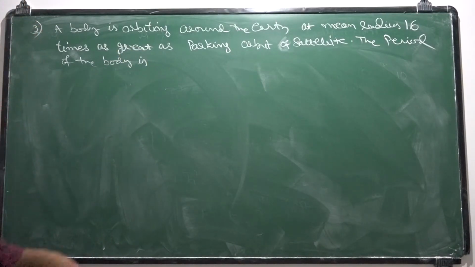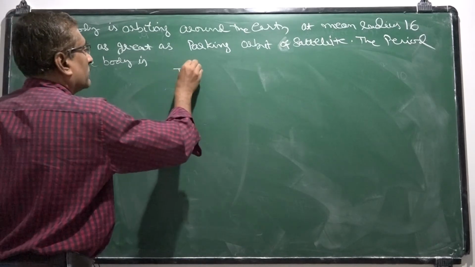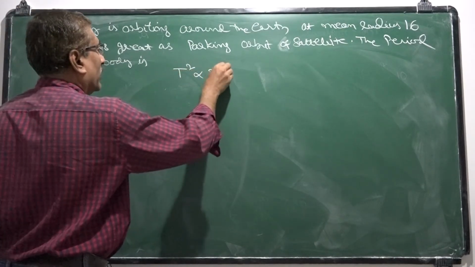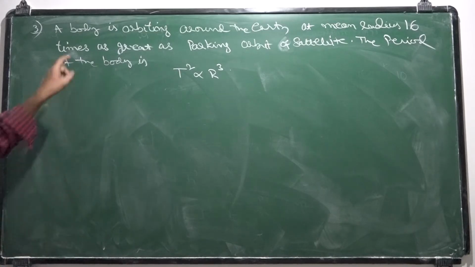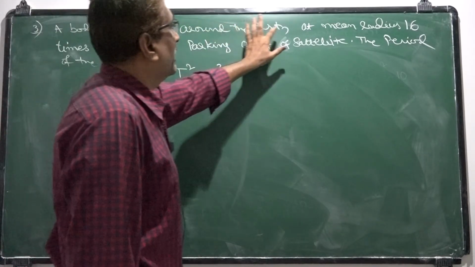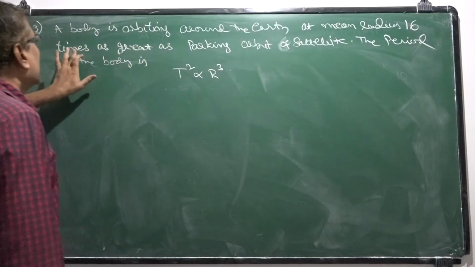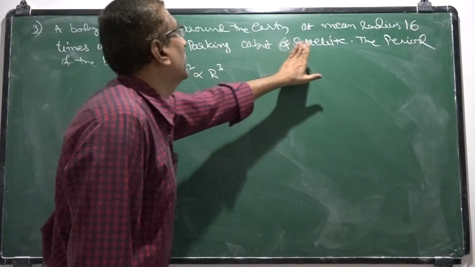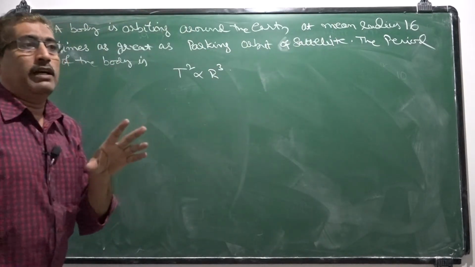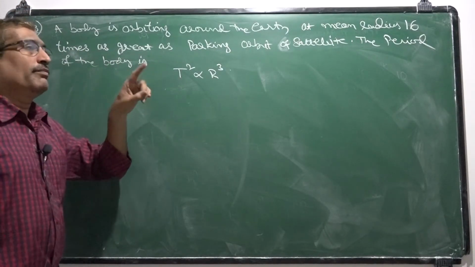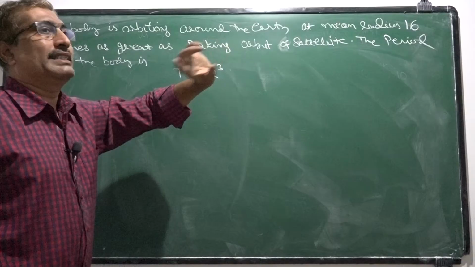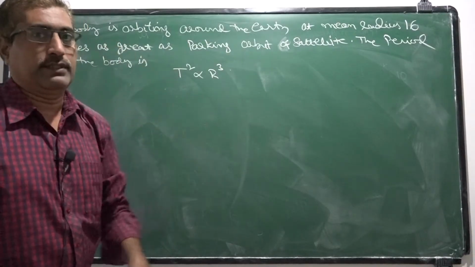Now this also applies as T square is proportional to R cube only. A body is orbiting around the earth at a mean distance 16 times as great as the parking orbit of a satellite. A parking orbit means that when a body revolves around the earth in a parking orbit, its time period is 24 hours, 1 day.